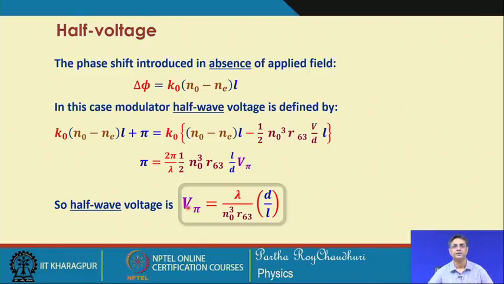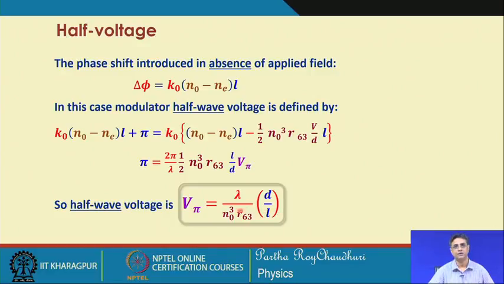Therefore, you get V pi, the half voltage in this case, which is equal to lambda by n 0 cubed r 63, and is proportional to the width of the crystal and inversely proportional to the length of the crystal.